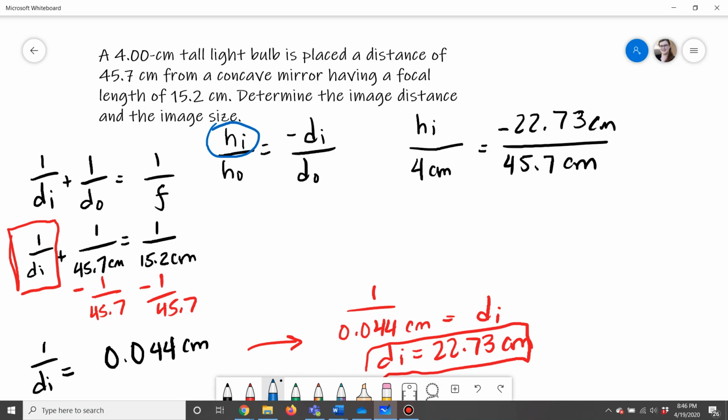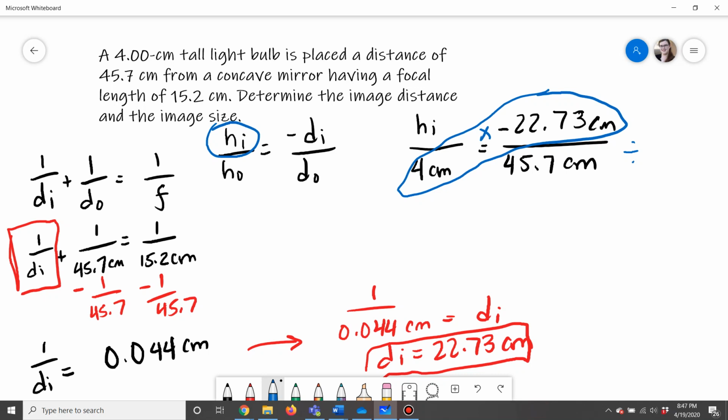So I'm going to go ahead and multiply negative 22.73 by 4 centimeters. And I'm going to divide that by 45.7 centimeters. And that negative represents that your image is on the other side of the mirror, and that makes sense.